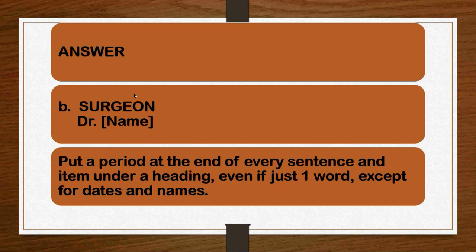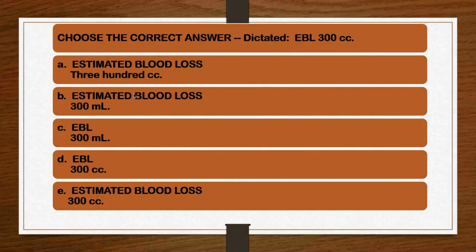B. Put a period at the end of every sentence and every item under a heading, even if just one word, except for names and dates. So again, if this was a date, we don't add a period, and if it's a name, we don't add a period. I don't make the rules. I'm just going by them.